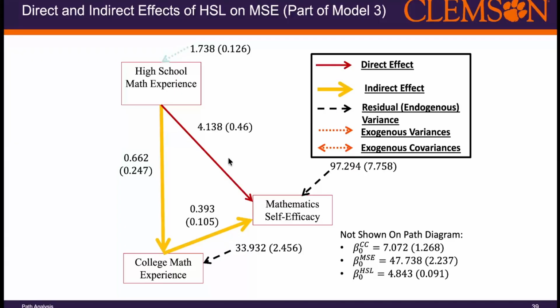Okay, great. But remember, for every 1 unit increase in high school math experience, college math experience goes up by 0.66 units. And for every 1 unit increase in college math experience, math self-efficacy goes up by 0.393. That's the problem, right? We have a 4 unit increase directly. How many units increase indirectly?